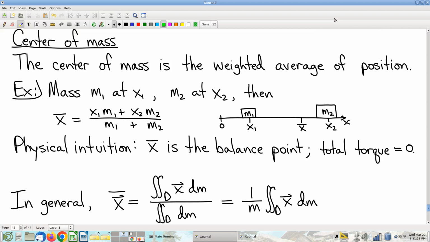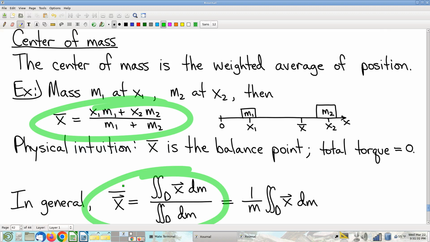Okay, so we were talking last time about this idea of center of mass. I think a great way to think about it is that it's the weighted average of position. You'll notice, both in this first example of a formula we wrote down and in the eventual generalization, that we're taking a position and computing a weighted average of it, and the weights are literally the masses.